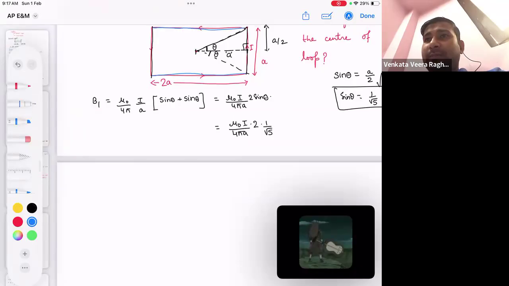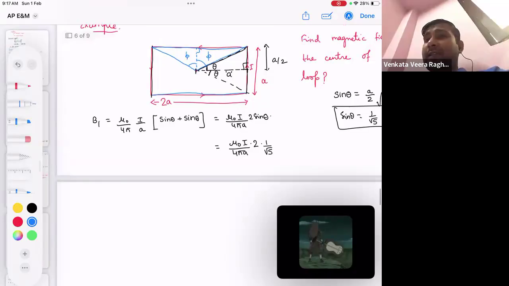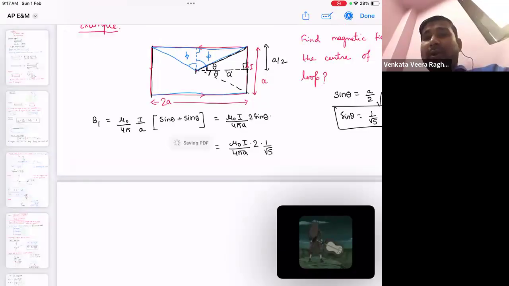For the blue color, the perpendicular distance will become a by 2. And these two ends are forming what angle? Phi and phi angle. That means for this segment, alpha and beta are both phi. So let me call this B2.